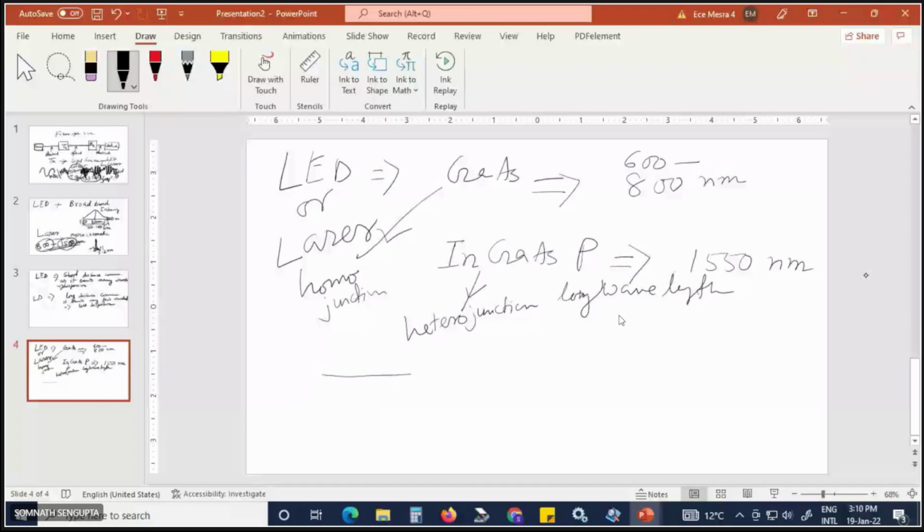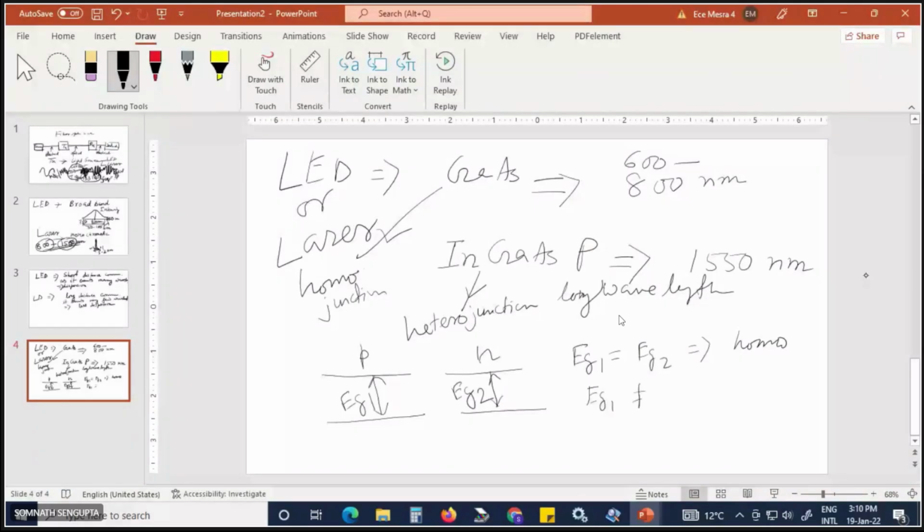Suppose this is your P and this is your N. If the band gap of P, EG1, and the band gap of N, EG2, are equal, EG1 equals EG2, then it is homo. And if EG1 is not equal to EG2, it is hetero.